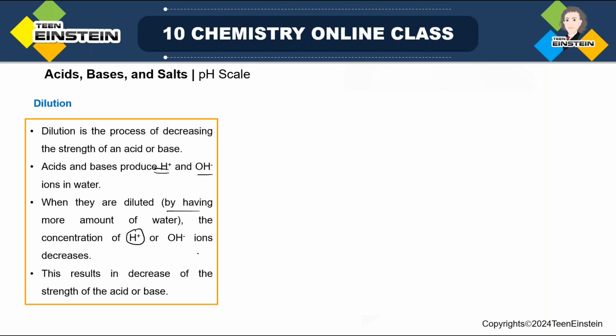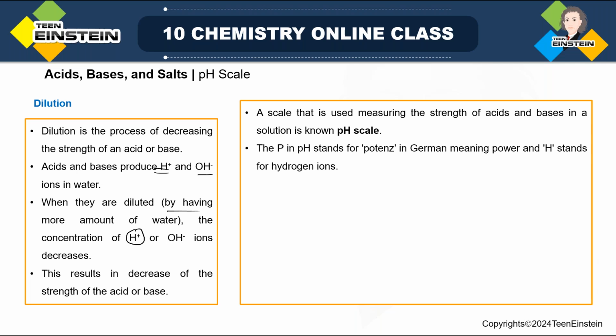So let's talk about the pH scale now. So the pH scale is a scale. It is used to measure the strength of acid or base in a solution. And it is actually known as the pH scale. So what is this P? The P in pH stands for potenz in German, which means power. Okay.